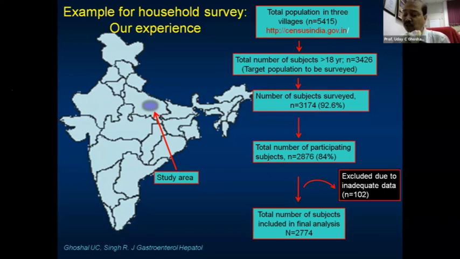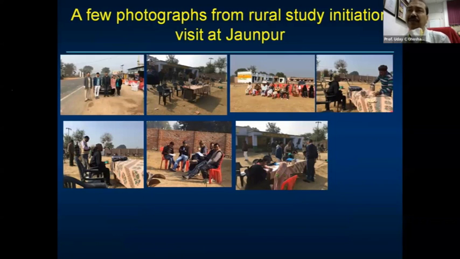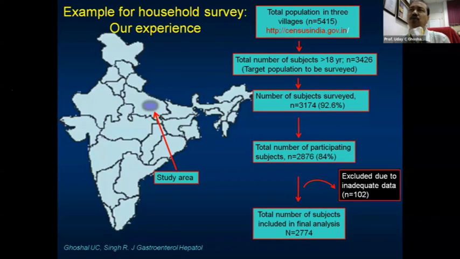We held multiple meetings with the villagers in the schools there, and organized educational and motivational activities to motivate them to participate in this survey. Fortunately, the participation rate was very high. 93% participated in our survey.